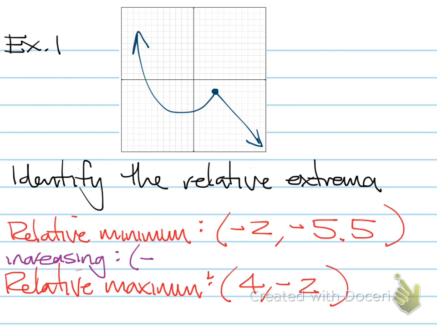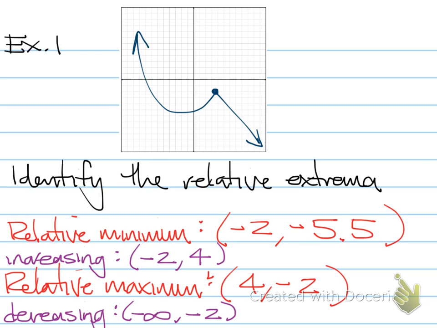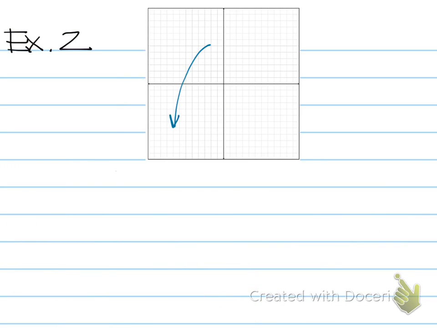The graph is increasing from -2 to 4, and it is decreasing from negative infinity to -2, and then from 4 to positive infinity.